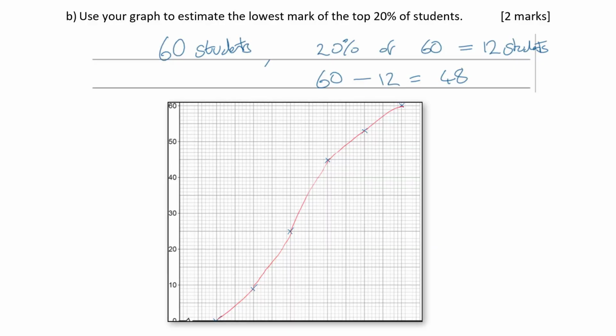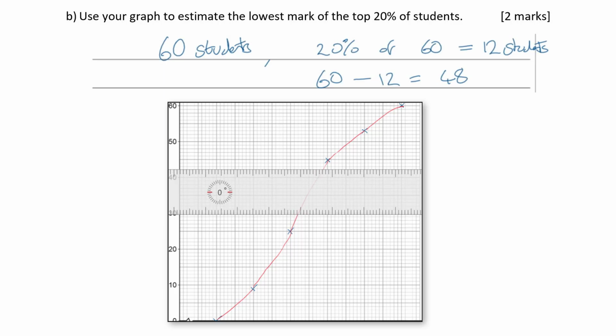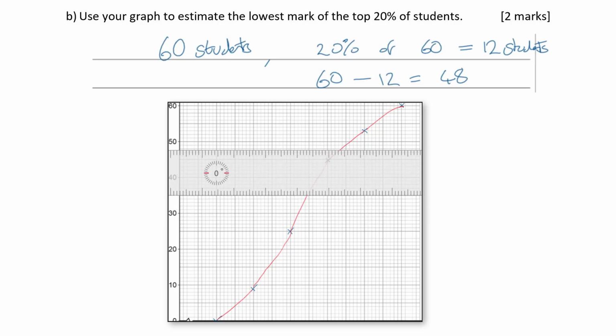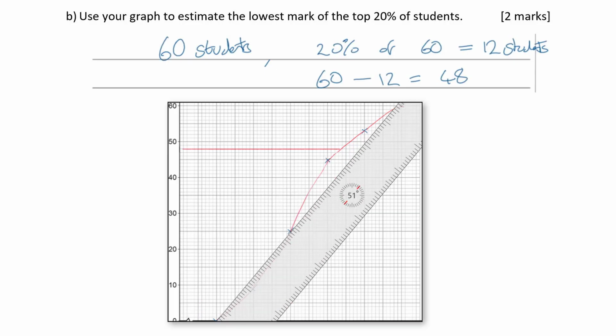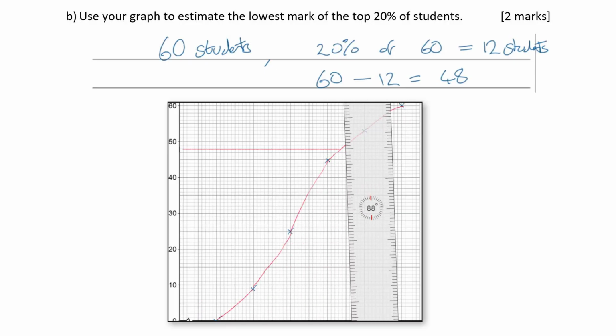Let's get the ruler out. I'm going to read across from 48 till I get to my graph. When I get to my graph, I'm going to change direction and read down.